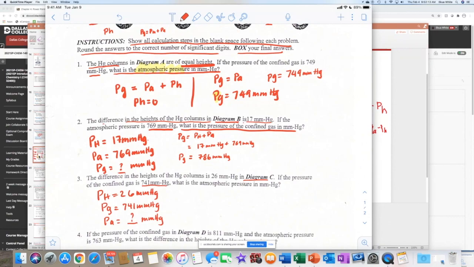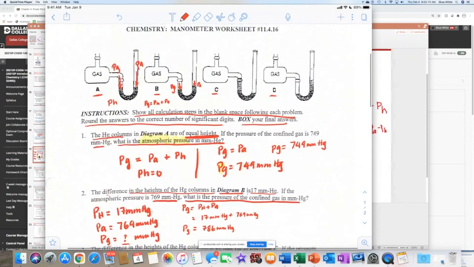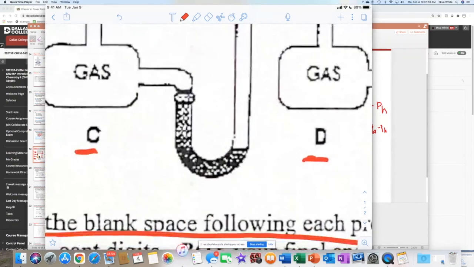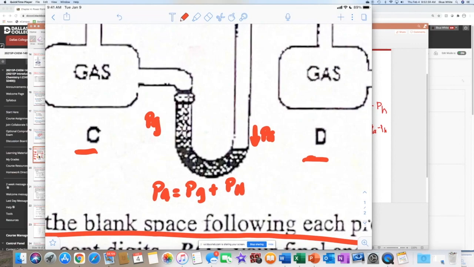Okay, so let me go back again and figure out what the equation is. So now I'm working on C. When I look at C, I'm comparing Pa with Pg, and you can see Pa is stronger than Pg, right? Because it's pushing down more on it. So Pa will be written by itself, equal to Pg plus pH.